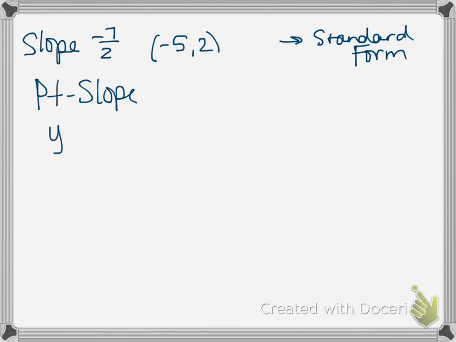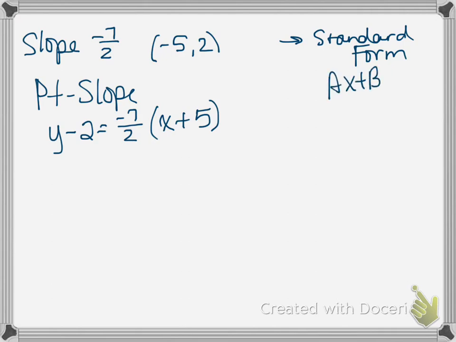So I'm going to say y minus 2 is equal to negative 7 over 2 times the quantity of x plus 5. Now remember, in standard form, the x and the y are on the same side.